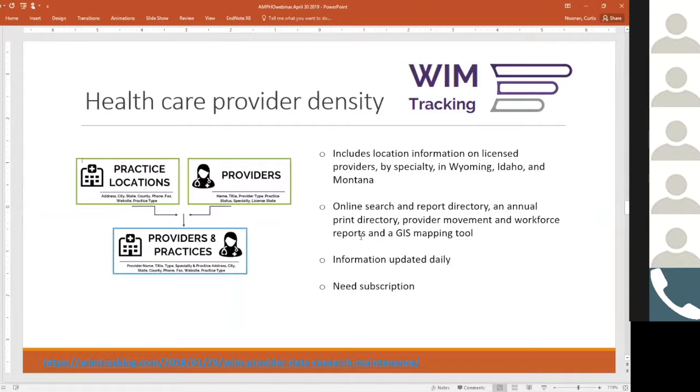That is a subscription-based service, but if you are interested in learning more about the health provider density in your community, then this might be a resource that would be helpful. As I said, there's a cost associated with that, but they do provide GIS mapping tools as part of that, so it could be useful for some.